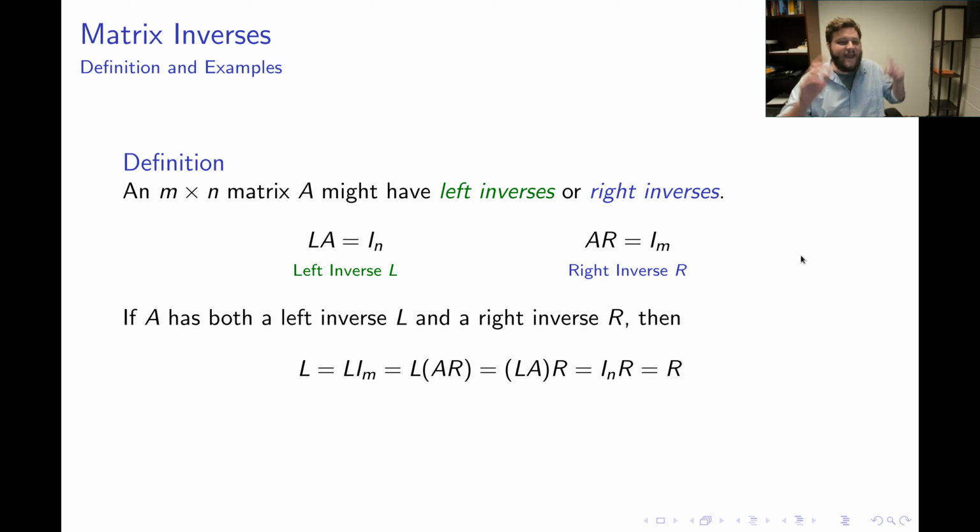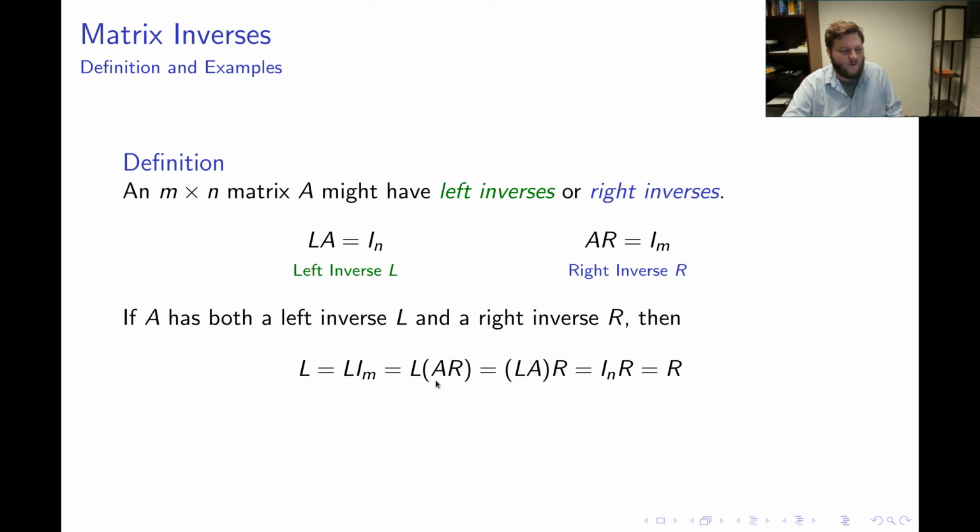Now, if A happens to have both, so if there's a left inverse L and there's a right inverse R, something interesting happens. The matrix L, of course, is the same thing as L times the M by M identity matrix. And of course, if R is a right inverse, that means A times R is the M by M identity matrix, so I can make that substitution.